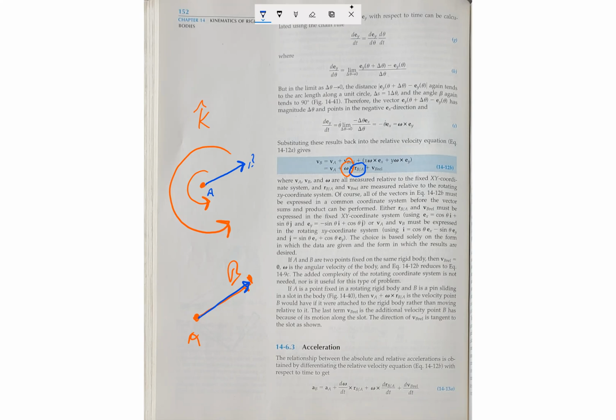Remember, again, I can't motion with my hands. This isn't face-to-face, this is on a video. The k-hat vector is coming out of the screen, and it doesn't matter which direction this other vector is going. It will be perpendicular to the k-hat vector. Cross products give you a value that is perpendicular to both.